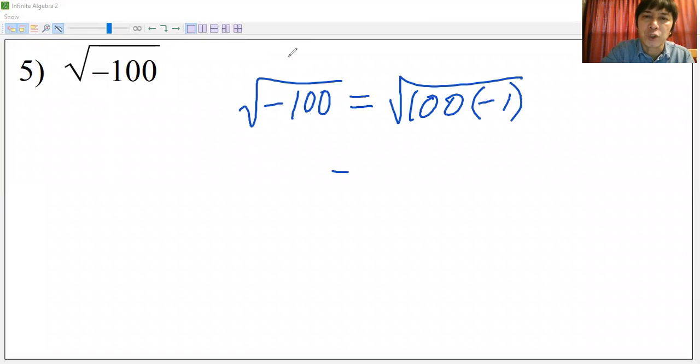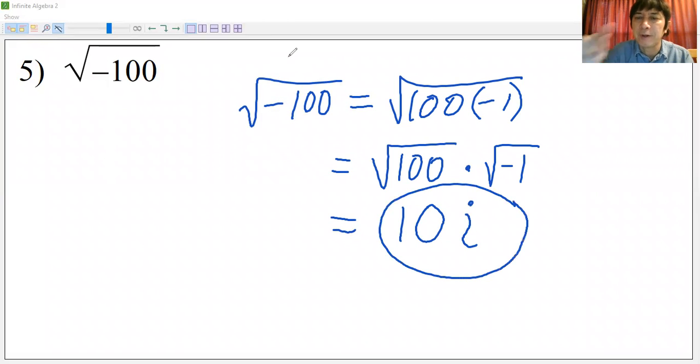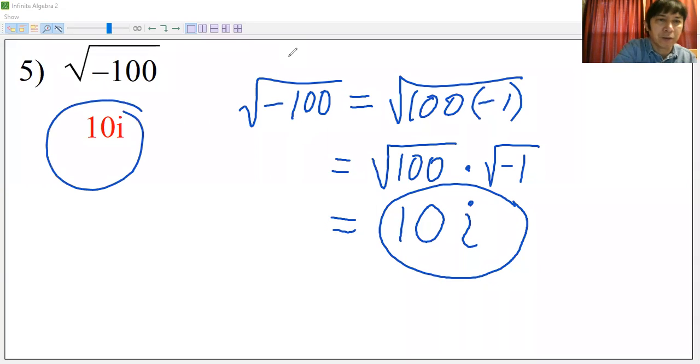We can split this into square root of 100 multiplied by square root of negative 1. And so square root of 100 is exactly 10. Square root of negative 1, that's the imaginary number. So the simplified equivalent is 10i. And we can verify that over here. There. 10i. Okay.